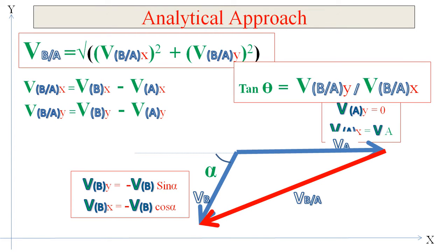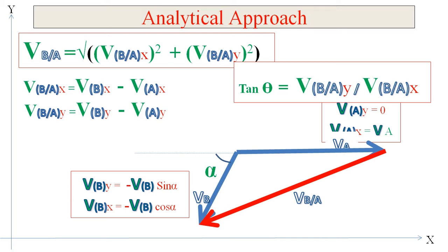So, the analytical approach, again we are revising what we learned in the last lecture. In order to find the relative velocity of an object with respect to another object, the analytical approach says that we have to resolve the two velocities into their mutually perpendicular components, that is along the x direction and the y direction.